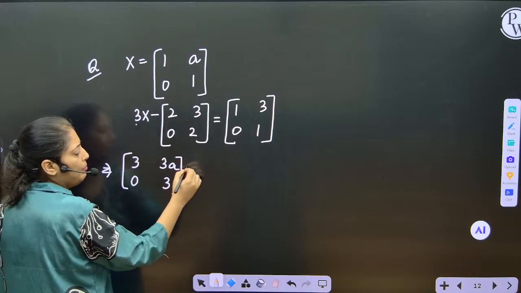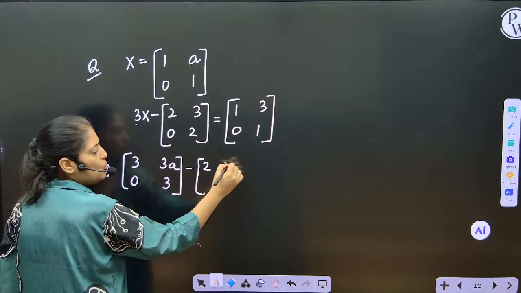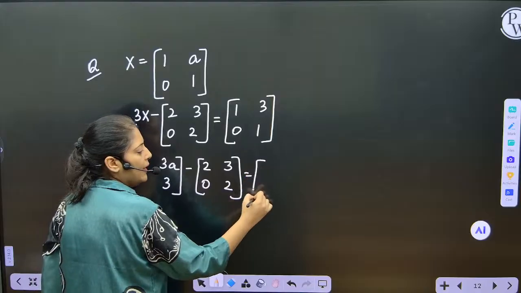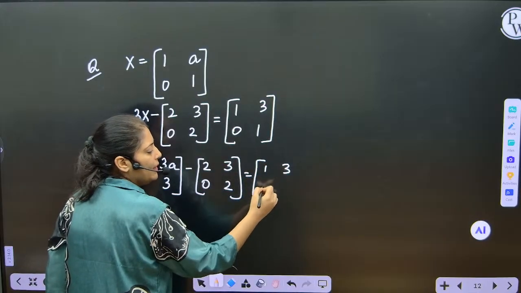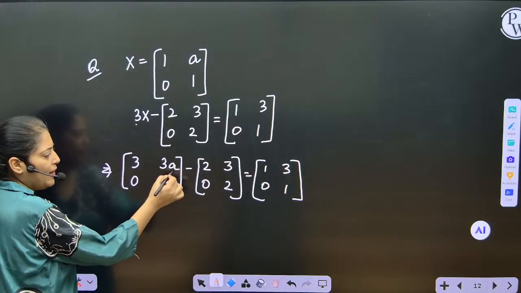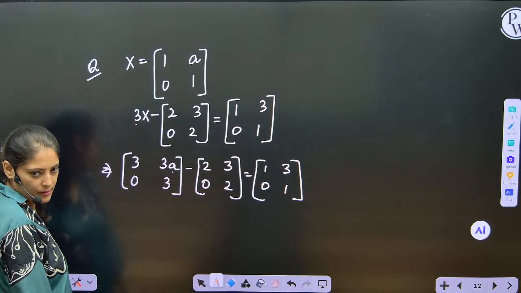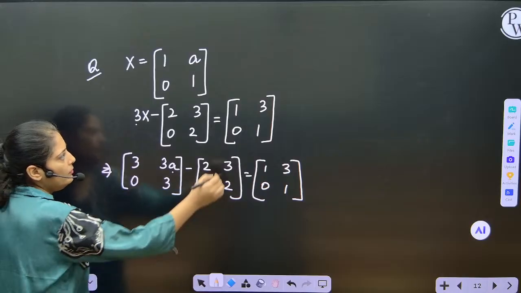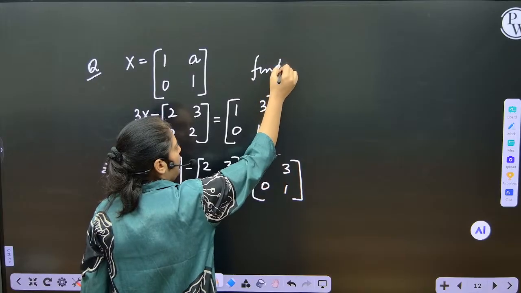Alright, minus this matrix as it is, 2, 3, 0 and 2. Answer we will get as 1, 3, 0, 1. Okay, we have to find the value of A here. Find A.